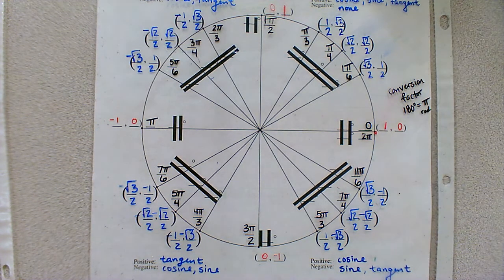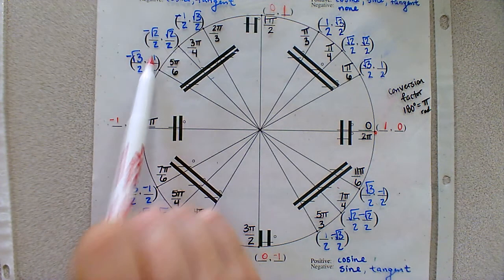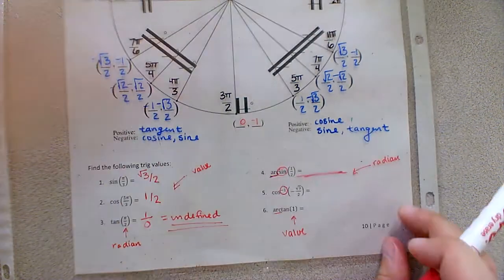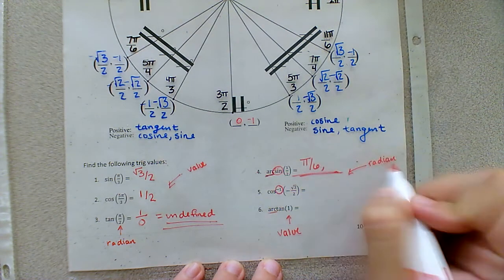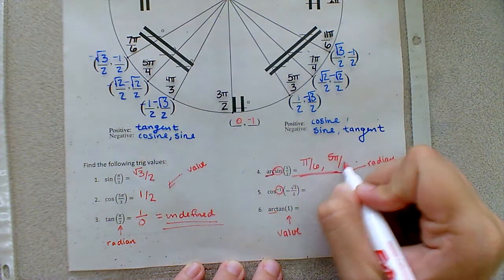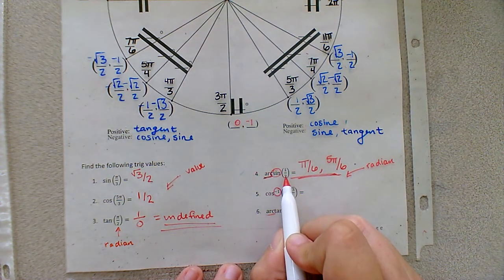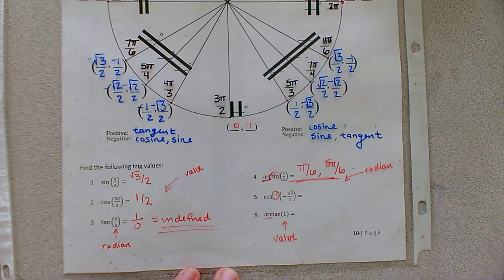But if you pay close attention, we have another one over here. Notice how we have a y-coordinate of 1/2 also at 5 pi over 6. So in this case, we actually have two solutions. We can say pi over 6 but also 5 pi over 6. So the sine value is a half at these radian locations on the unit circle.